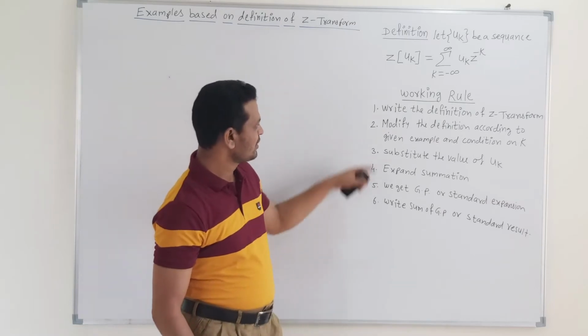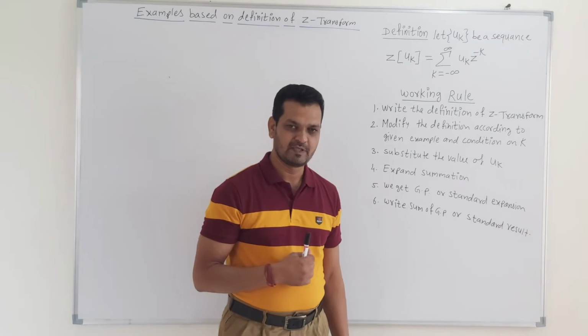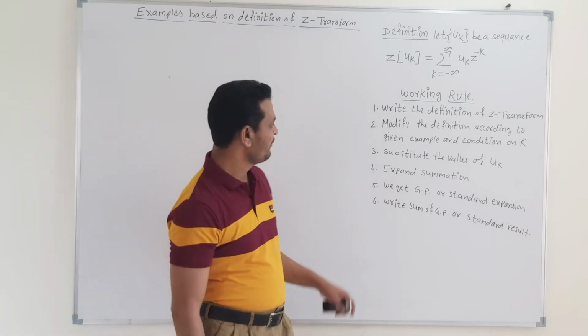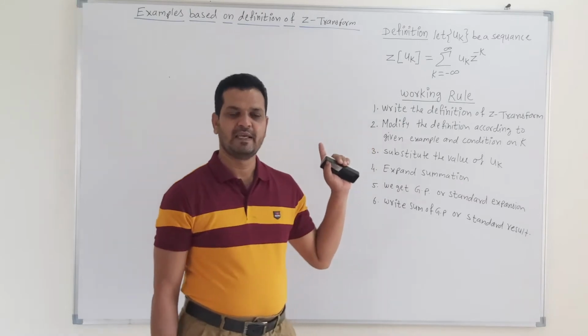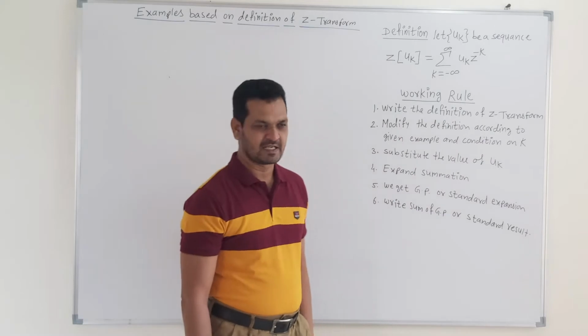For this, let's note the working rule for solving the example. That means to solve any example based on this definition, there are 6 important steps. The first step is that whenever we are solving any example by definition, first write down the definition of Z transformation.